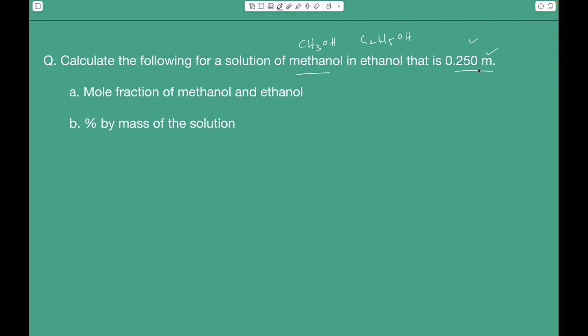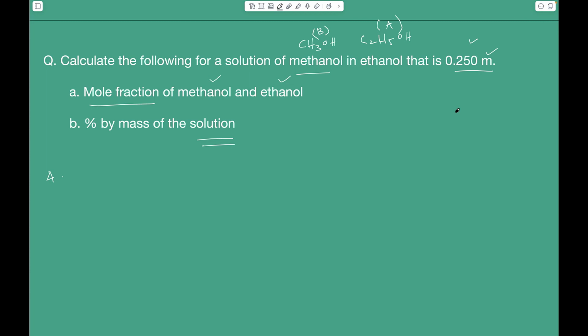Small m represents molality. Then we are asked to calculate the mole fraction of methanol and ethanol. Methanol is the solute here and ethanol is the solvent. Also calculate percentage by mass of the solution. Can you give it a shot?